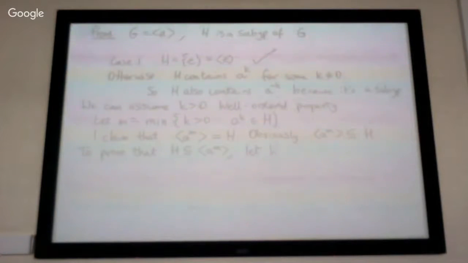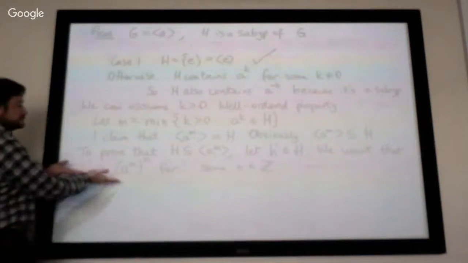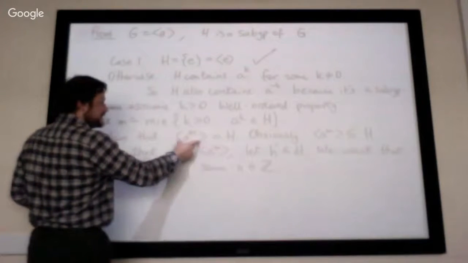So we take some element H dash in the subgroup H, and we want to show that it is A to the n for some integer n, because this statement is exactly the definition of being in the bracketed A to the n.